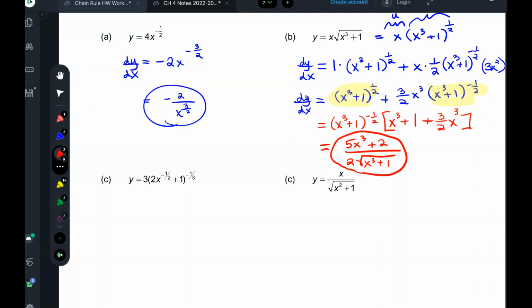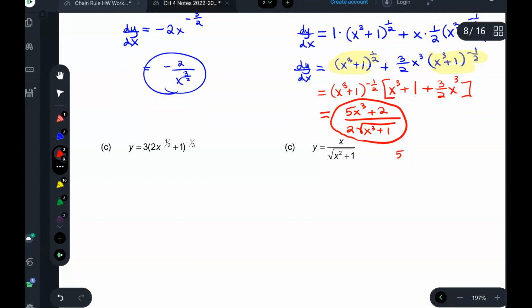If I have 5/2 x cubed plus 1, it needs to be over 2, so you multiply by 2 over 2. I don't want you to leave complex fractions.